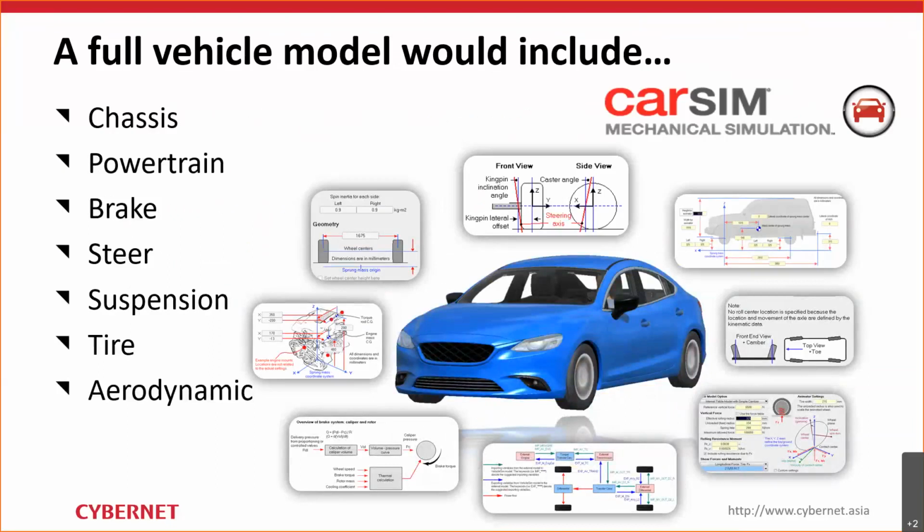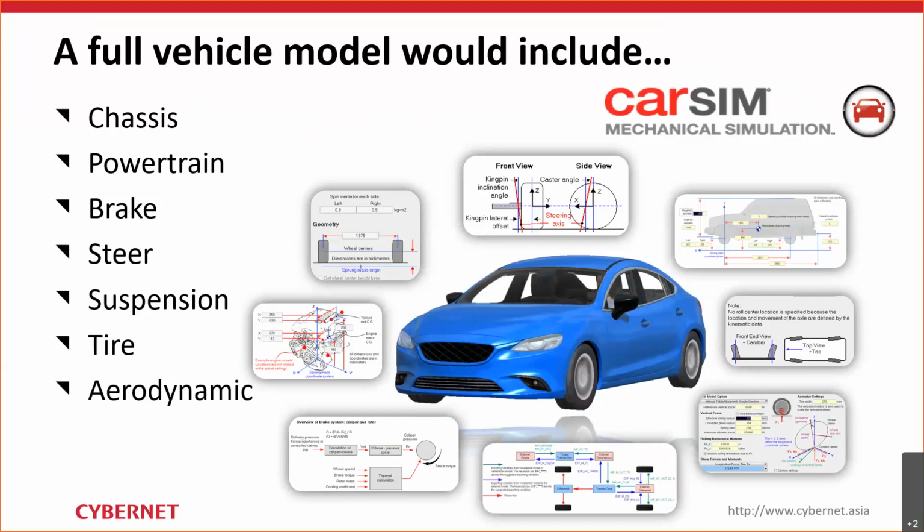It has model architecture from chassis, powertrain, brake, steer, suspension, tire, and aerodynamics. All we have to do is import the parameters of our target vehicle into CarSim to build the model. Also, users can use CarSim to build testing procedures and environments. You can design your own testing sequence in CarSim with your vehicle model.